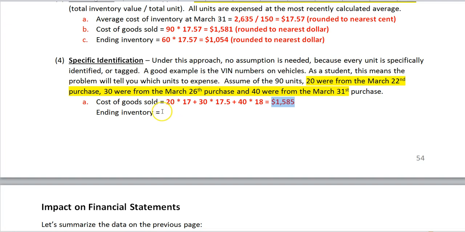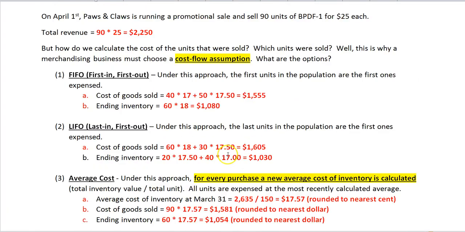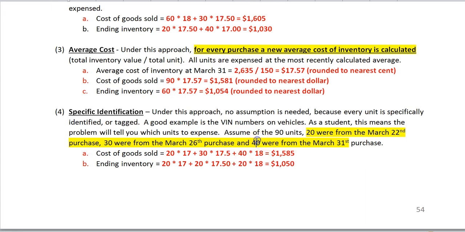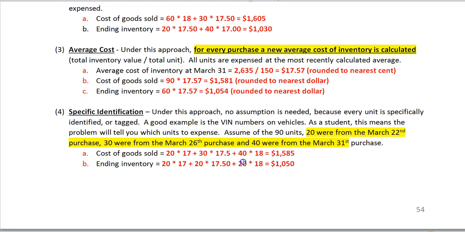Ending inventory will be the units that are left. So we'd have 20 units left at 17, 20 units left at 17.50, since 50 minus 30 is 20, and of the last purchase we sold 40, so we'd have 60 minus 40 is 20 units. These two should add back up to the total inventory.